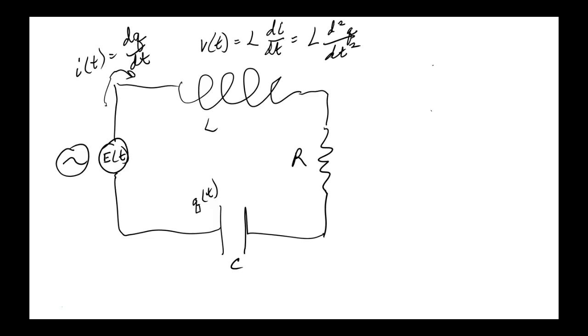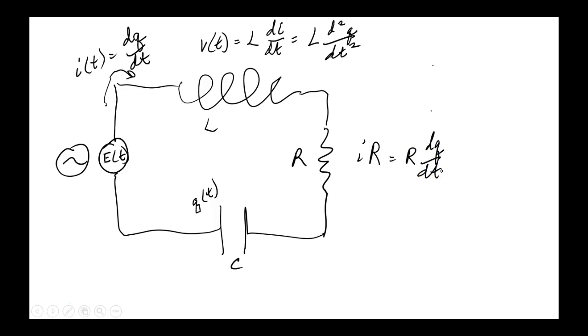The energy drop across the resistor is just I times R, and that was Ohm's law. Voltage equals current times resistance. They use a little i here most of the time. For direct currents, they use capital I most of the time. But because I is dq/dt, this is also R times dq/dt. Okay?